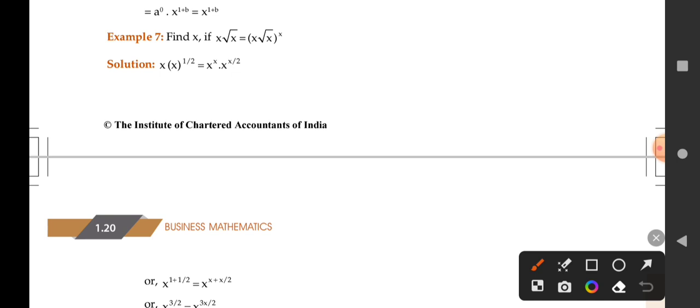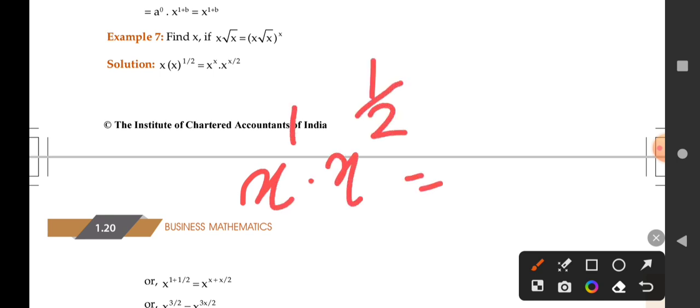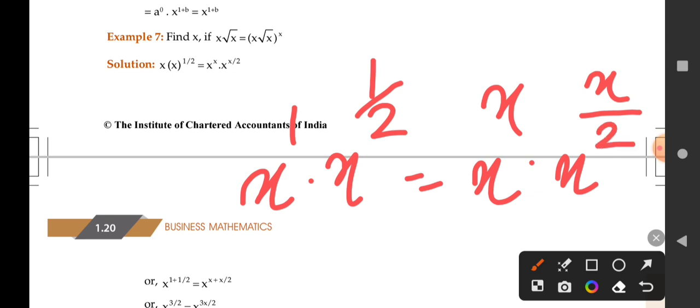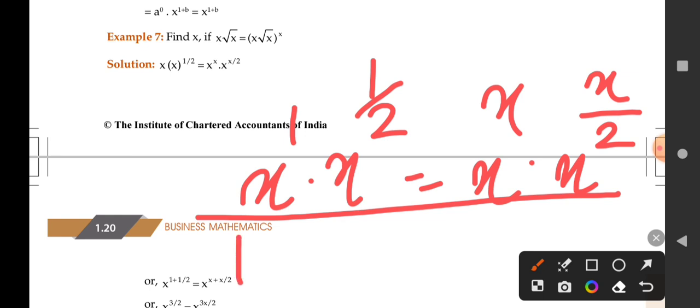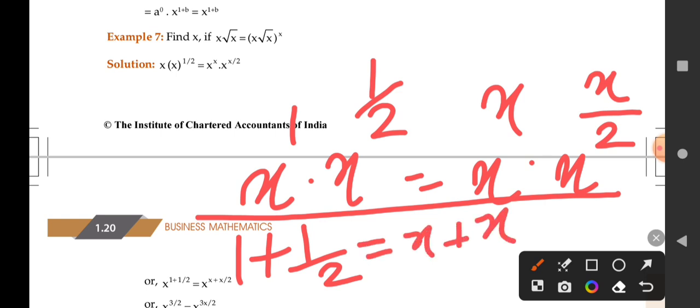We have an equation: x power 1 into x power half is equal to x power x into x power x by 2. So the bases are the same and let's simplify. We have 1 plus 1 by 2 is equal to x plus x by 2. We have x is equal to 1.